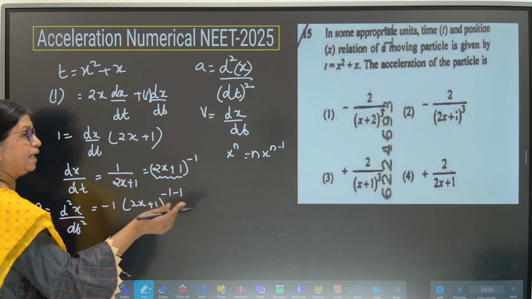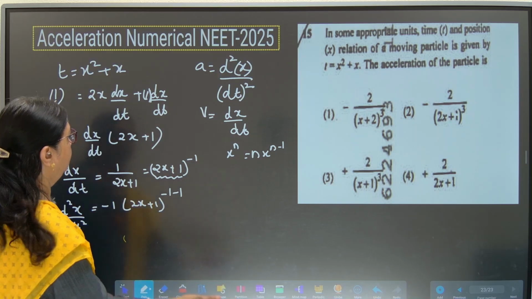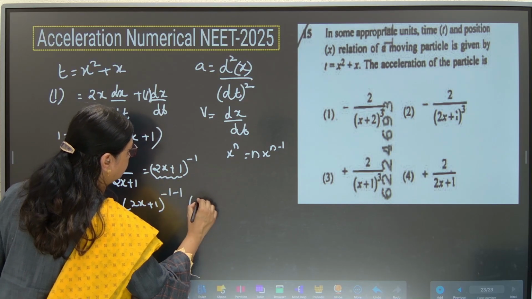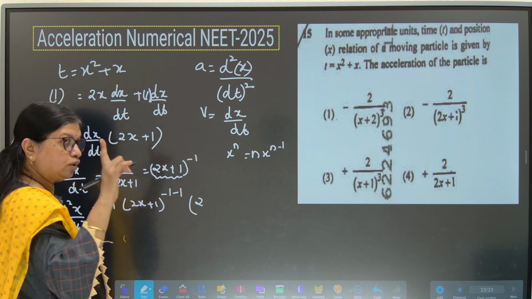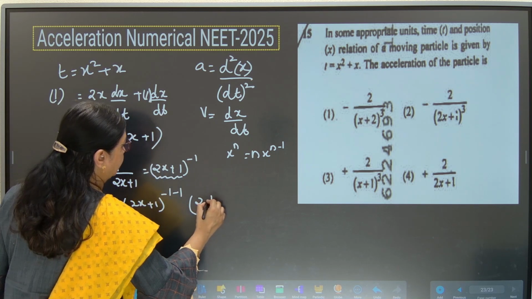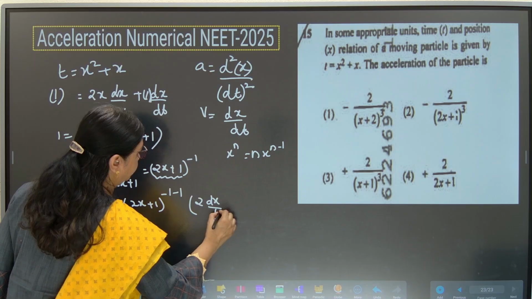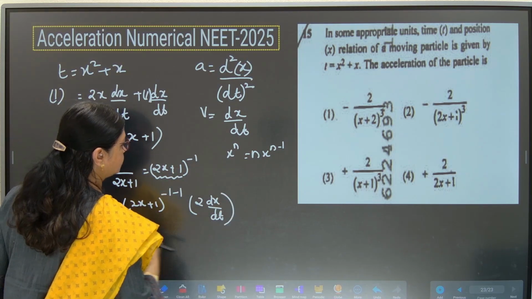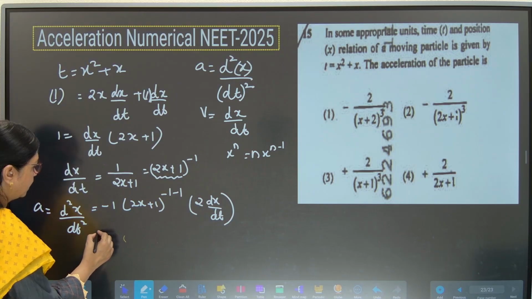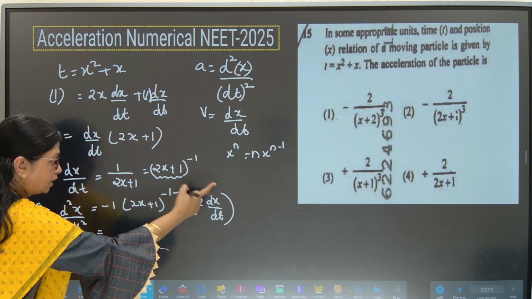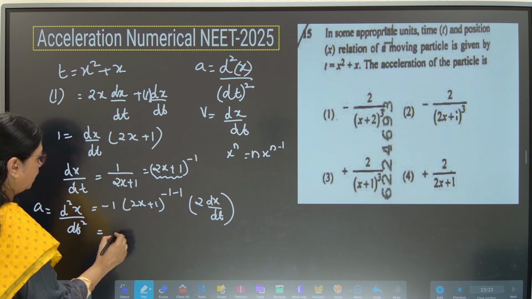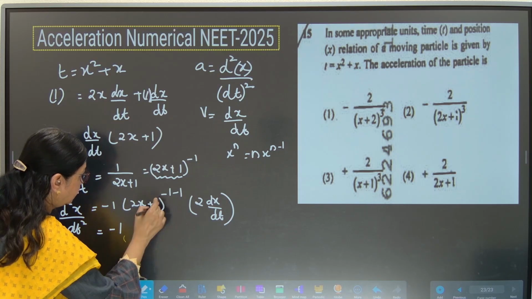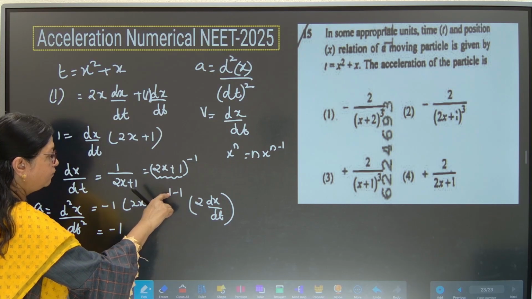Now this term also has to be differentiated again. So let us differentiate 2x. What is the answer for differentiation of 2x? 2. Differentiation of x is again 1, so I can write dx by dt. What is differentiation of a constant? 0. So leave it. Now I am ready with the maths. Negative 1, 2x plus 1, I'll write it down because this is negative 2.